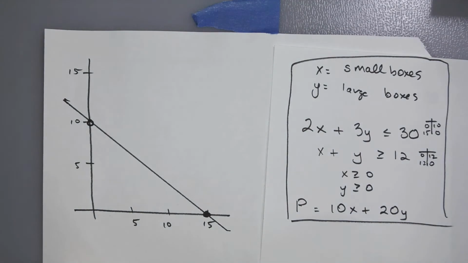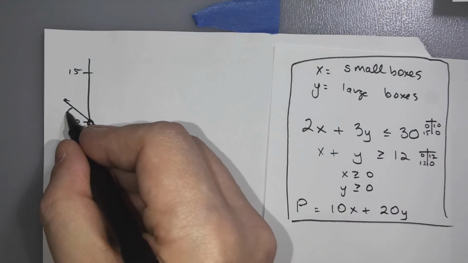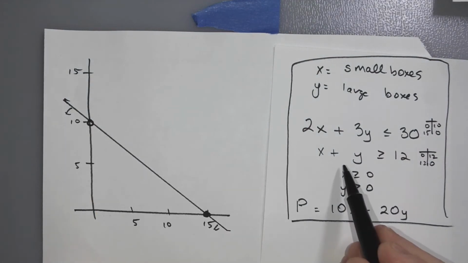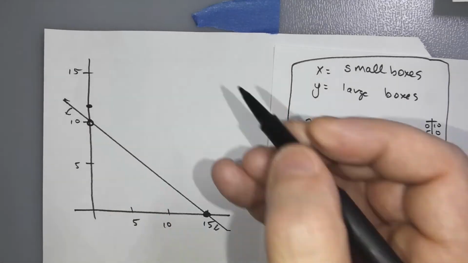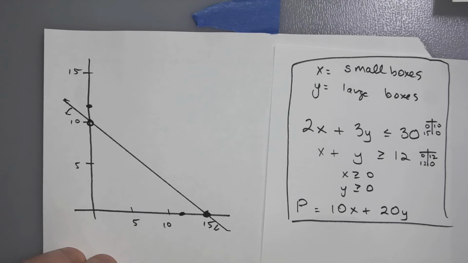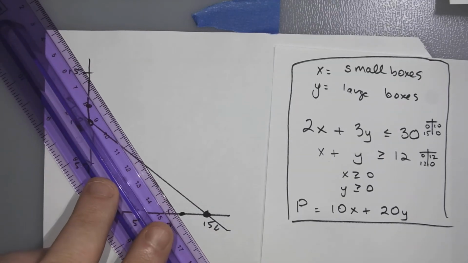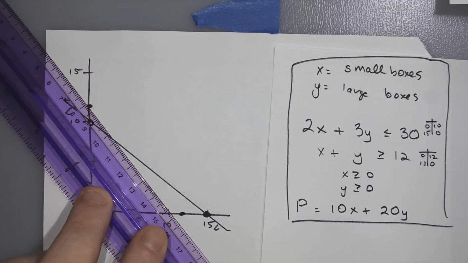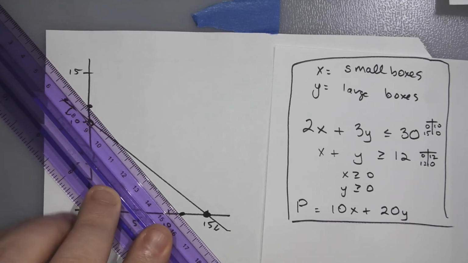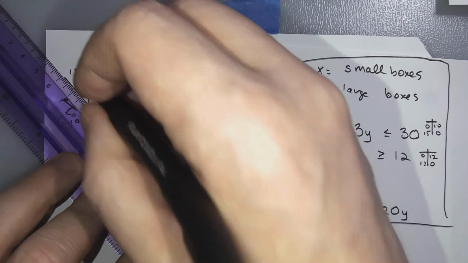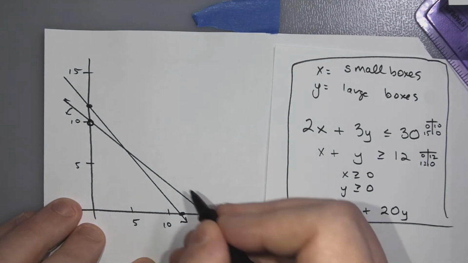Remember, we are going to be below this line. And then x plus y, 12, 12, so that's going to be 12, 12, there we go. And we are going to be above that line.